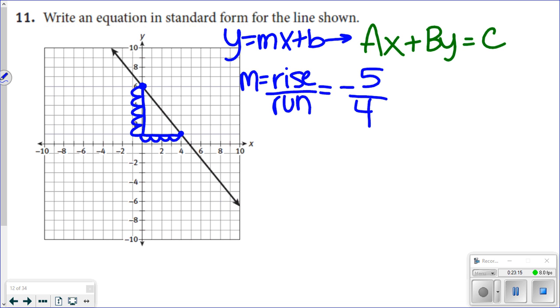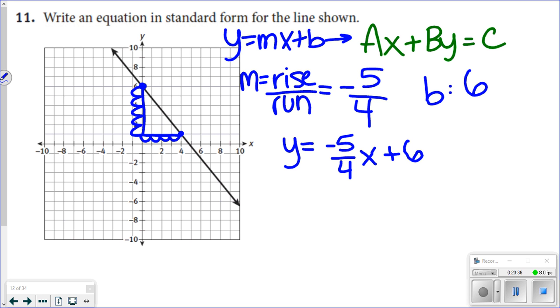That doesn't reduce or simplify, so I'm going to leave it as negative 5 over 4. My b value, or my y-intercept, is at a positive 6. So y equals negative 5 over 4 x plus 6.